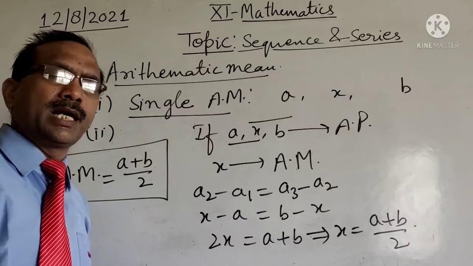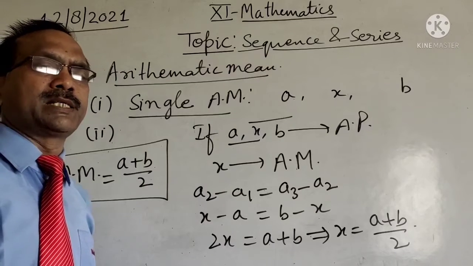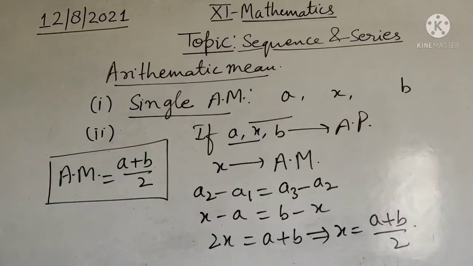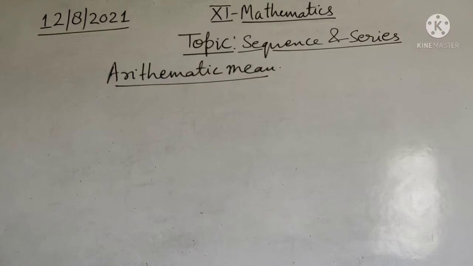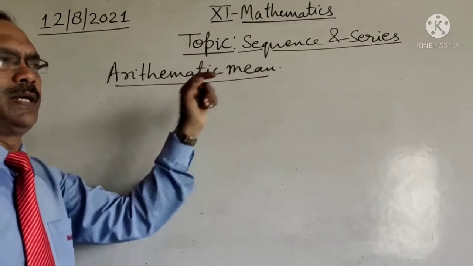Second is n arithmetic means. There are n arithmetic means between two given numbers. Dear student, next is n arithmetic means between two numbers.